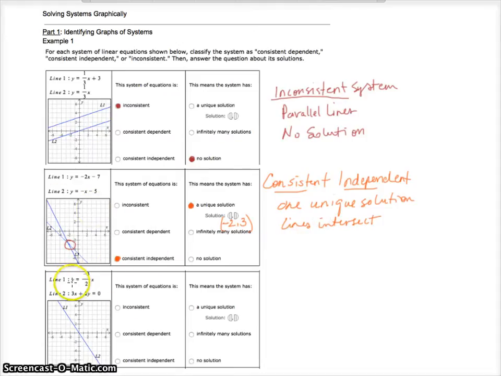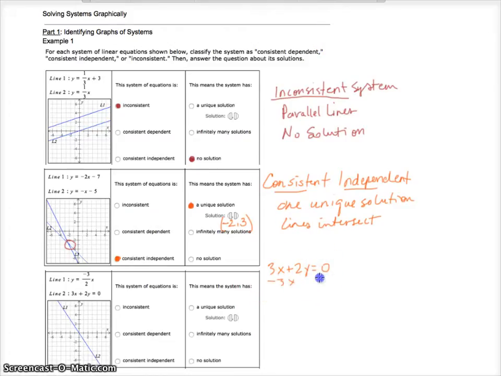Let's look at the last line, y equals negative 3/2 x. And here we have 3x plus 2y equals 0. So we want to solve this. So we'll go over here. We'll say 3x plus 2y equals 0.